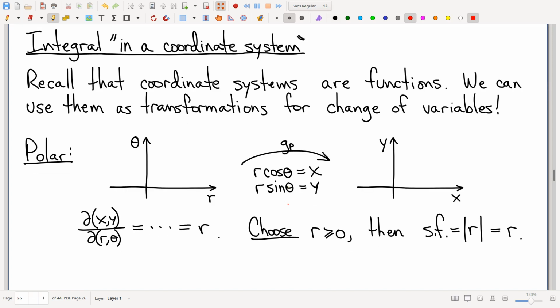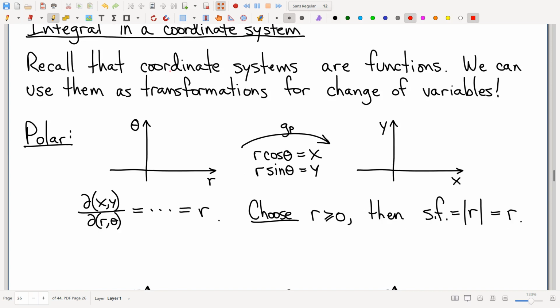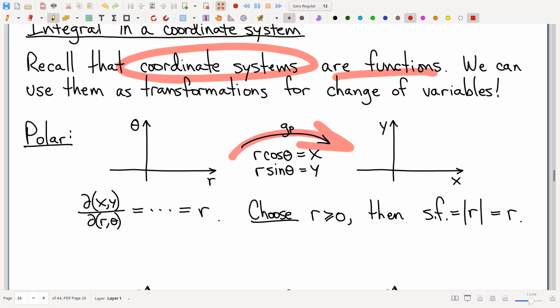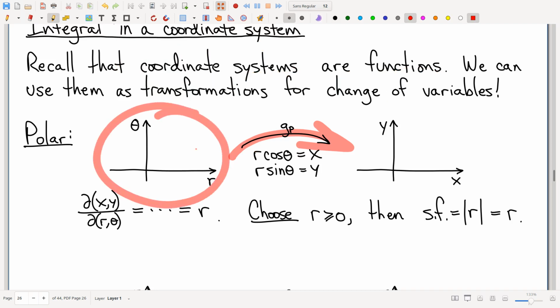Recall, we talked a long time ago about coordinate systems: polar coordinates, cylindrical, spherical. We talked about how they're functions. And I'm just going to make the unremarkable suggestion that, hey, we have a function here that goes from 2 dimensions to 2 dimensions.